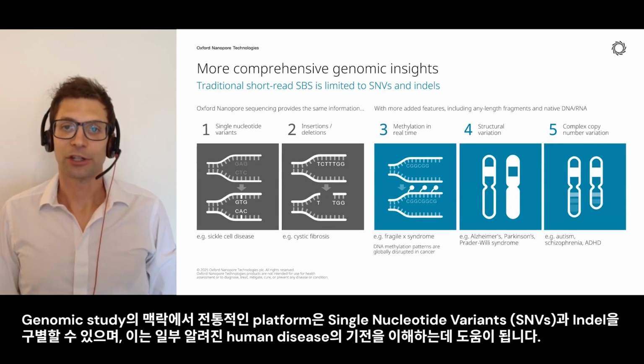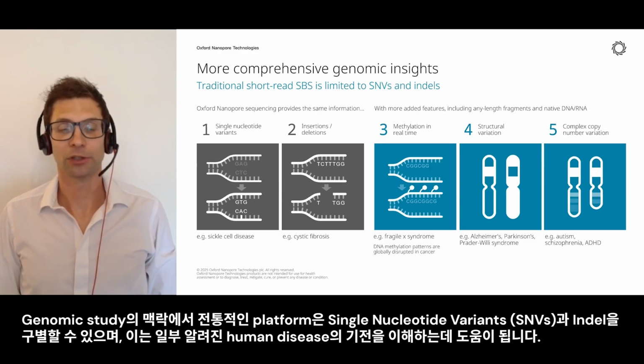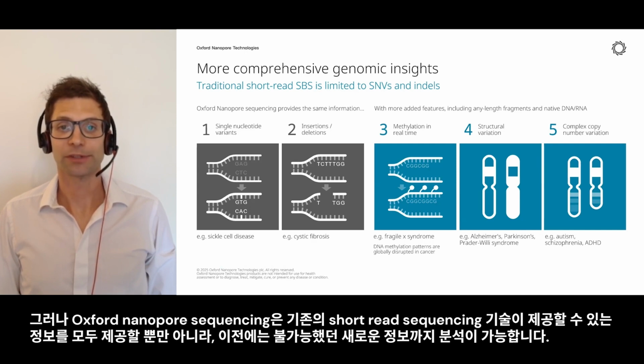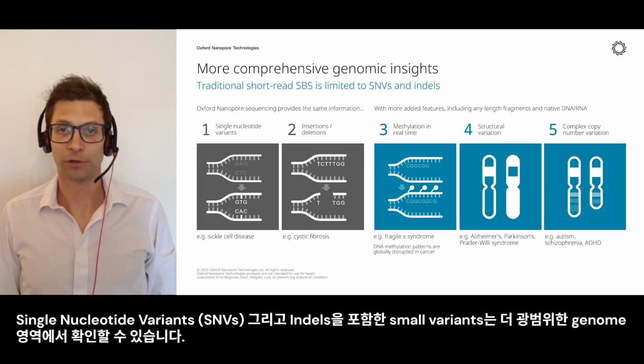In the context of genomic studies, traditional platforms are capable of resolving single nucleotide variants and indels, which can provide insights into some of the known human diseases. However, Oxford Nanopore sequencing can deliver everything traditional short-read sequencing technologies can, and all this enriched with new insights not previously possible. Small variants, including SNVs and indels, can be seen across more of the genome than ever before.